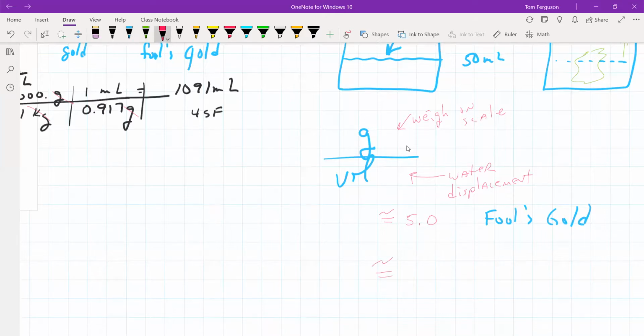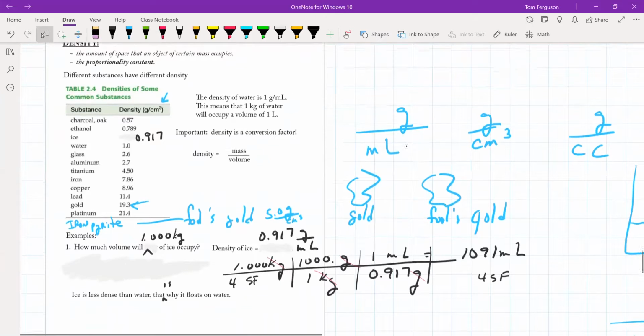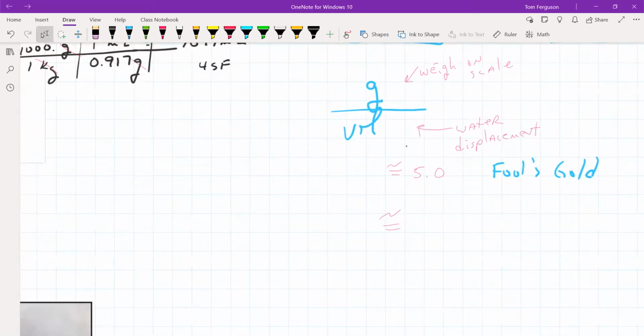If it's closer to, I believe it was 19, wasn't it? Yeah, 19. It would be gold. And this is because of the density difference.